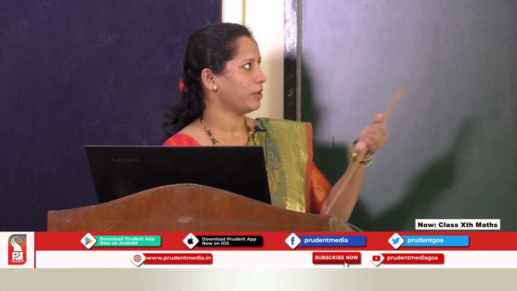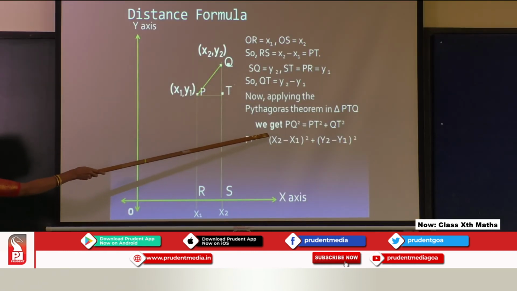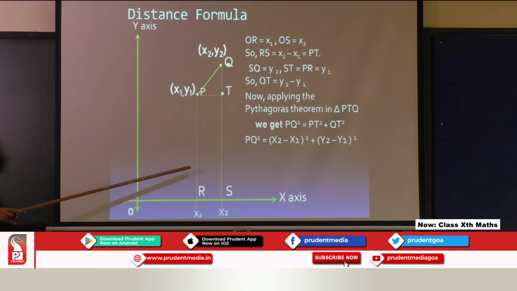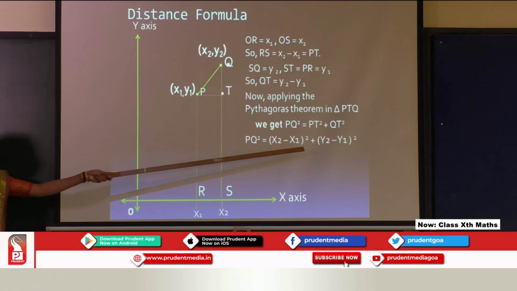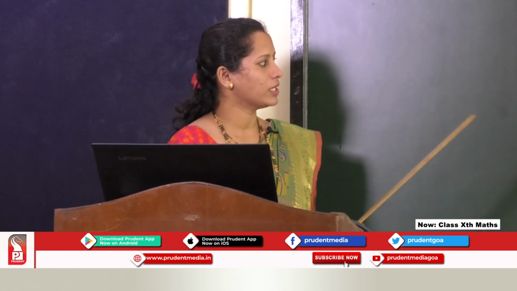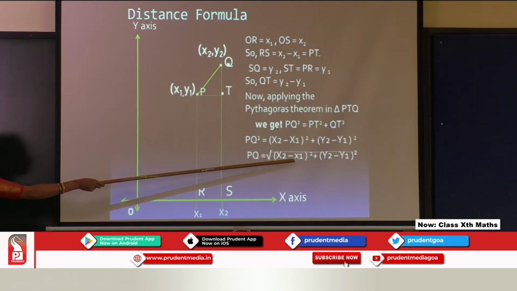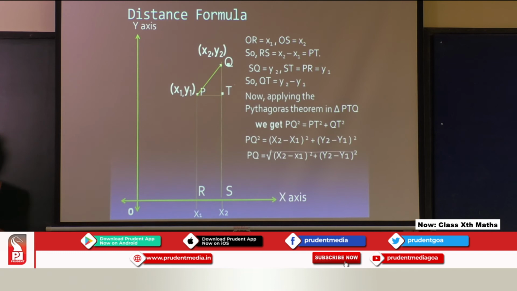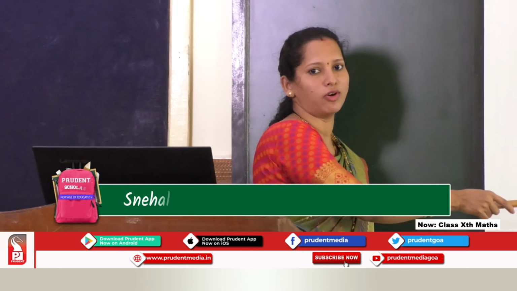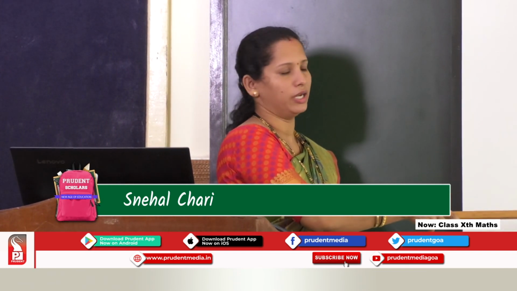So by substituting these values, we get PQ square is equal to (x2 minus x1) the whole square plus (y2 minus y1) the whole square. So PQ is equal to root of (x2 minus x1) the whole square plus (y2 minus y1) the whole square, and this is called the distance formula. So we have generated the distance formula.